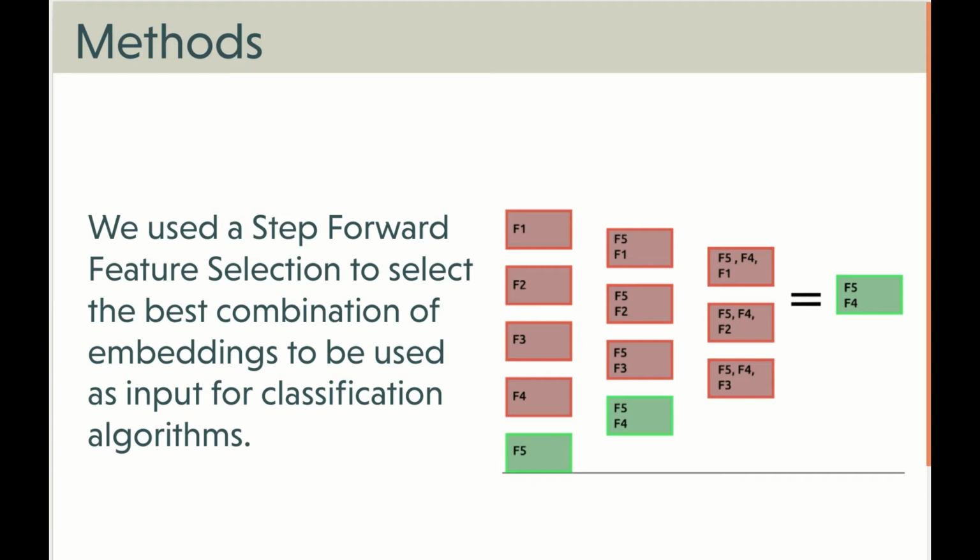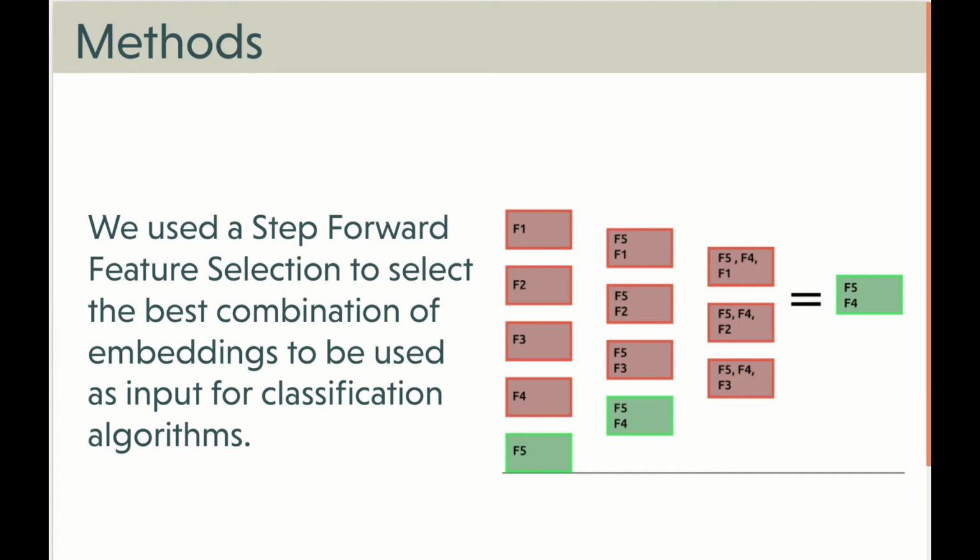We decided to test these embeddings using a step-forward feature selection approach, where, as you can see on the right side of this presentation, the best feature is selected, and as an iterative process, every feature that has not been selected in the first step is combined with the best one from the first step, and so on and so forth until the performance worsens.